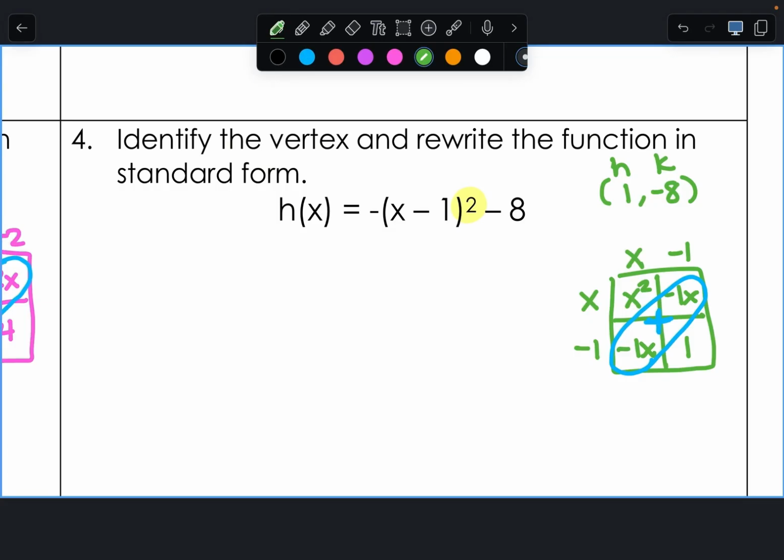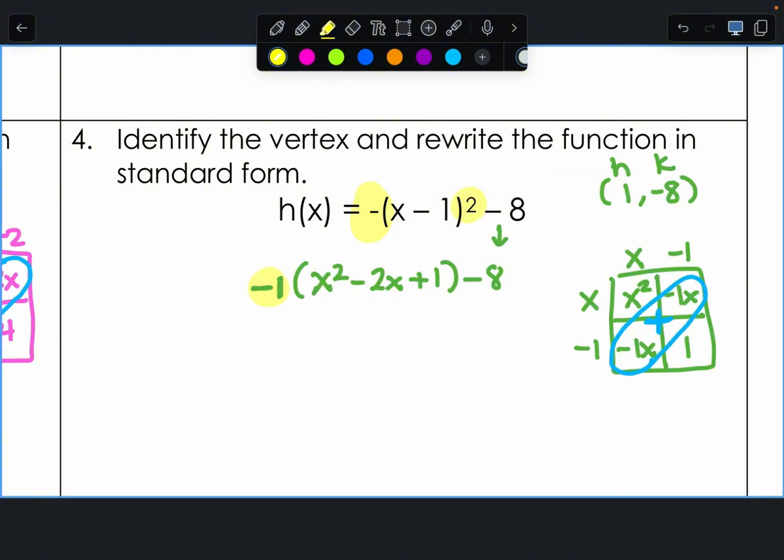All right. Keep in mind this one has a negative in front of the parentheses, so don't forget to bring down the -1 and keep everything else in parentheses. Minus 2x plus 1 and then minus 8. From there, what do we do?